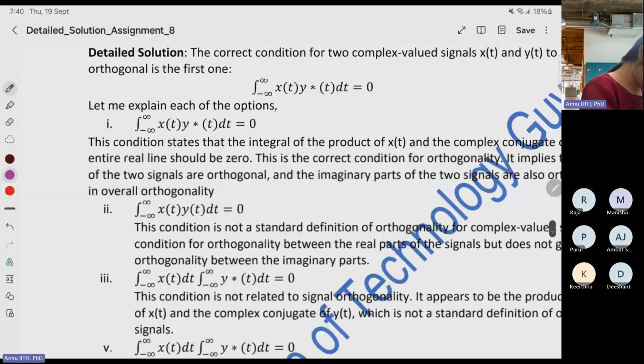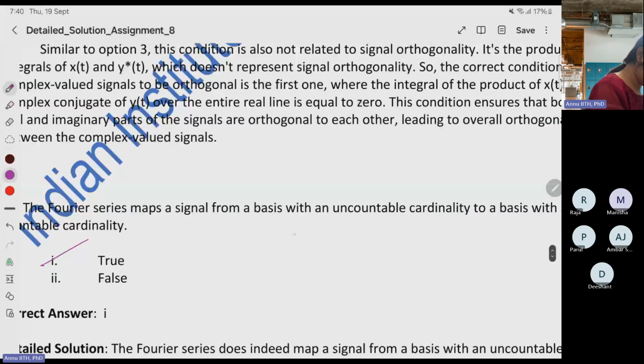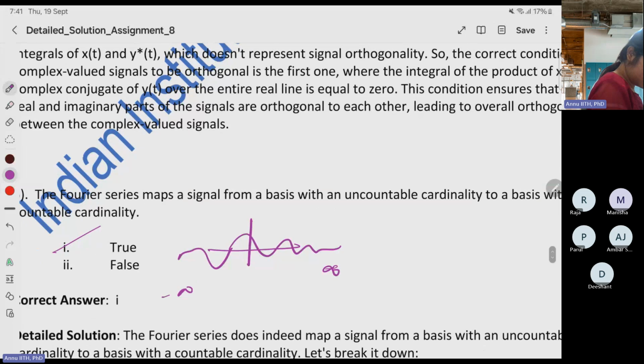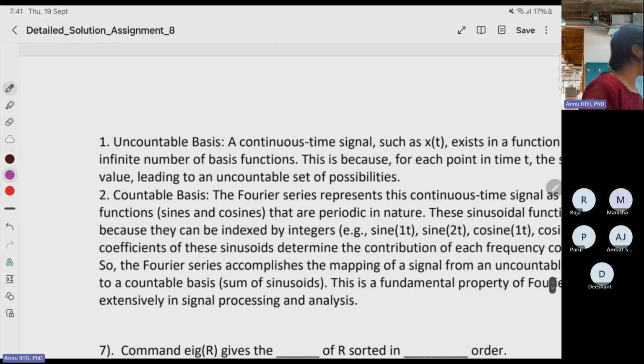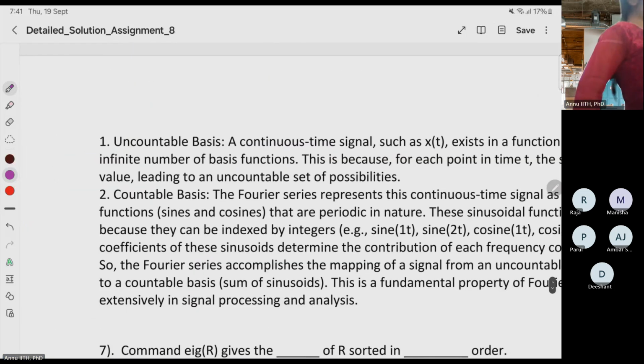The Fourier series maps an uncountable basis to a countable coordinate basis. It is very true because all the periodic signals are infinite in the time domain.